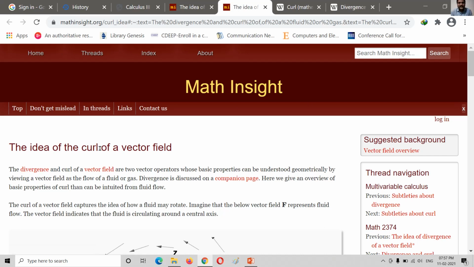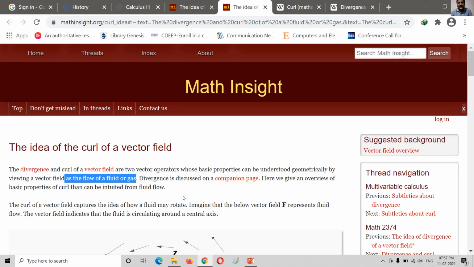First, we see the idea of the curl of the vector. Generally the divergence and the curl of vectors can be understood geometrically by considering the vector field as the flow of a fluid or gas.